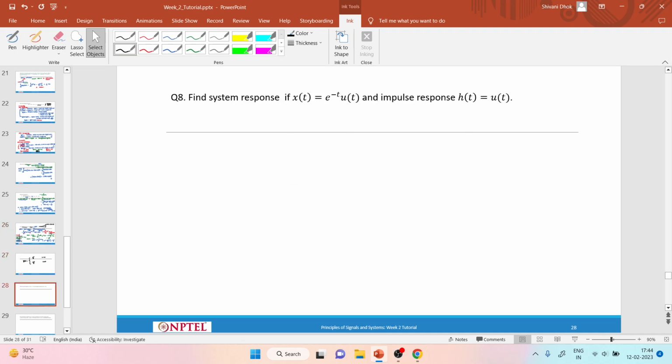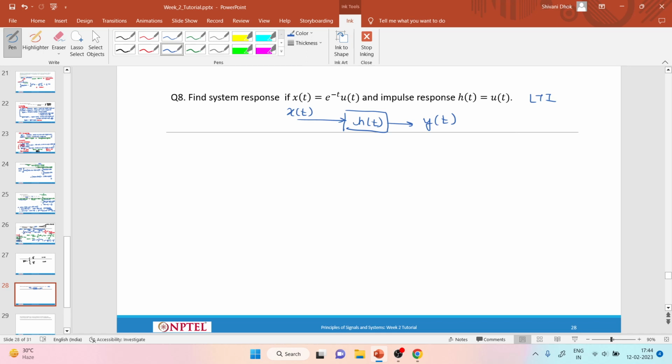Okay, let us look at the next question. What we are given is a system whose impulse response is given as u of t, and at the input we are having x of t. This is an LTI system, and we need to find the output y of t.